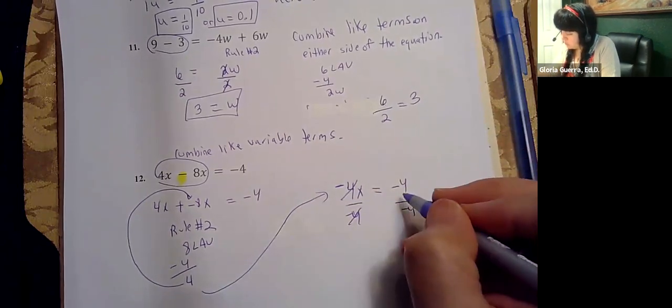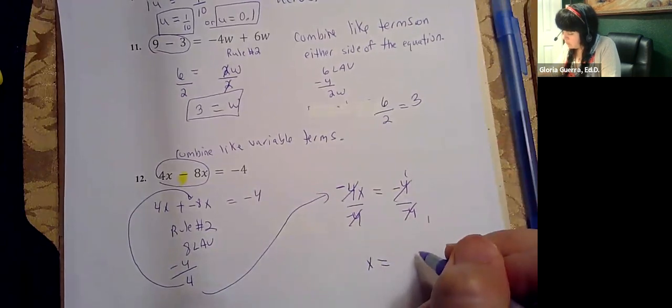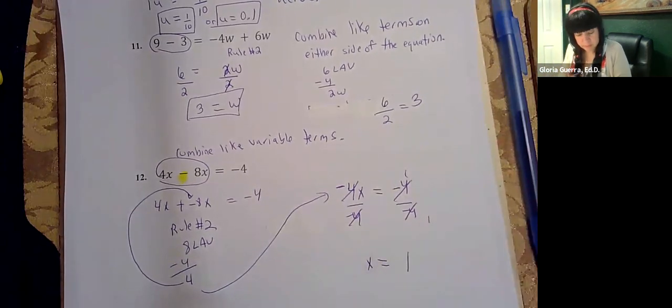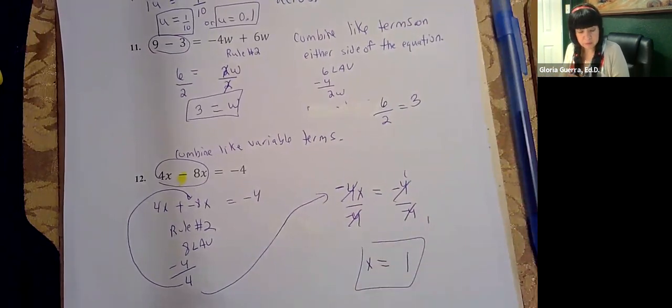This divides into each other, this divides into each other. So you have x equals 1. And that's peculiar, but that's the answer.